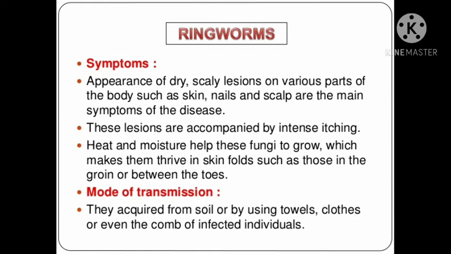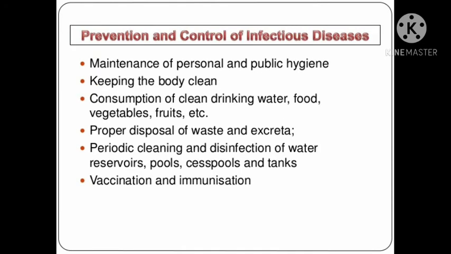So sharing of personal materials can cause this disease. Also they can be acquired from the soil. So preventive measures include maintaining personal hygiene and not sharing clothes and other toiletry materials with the infected person.